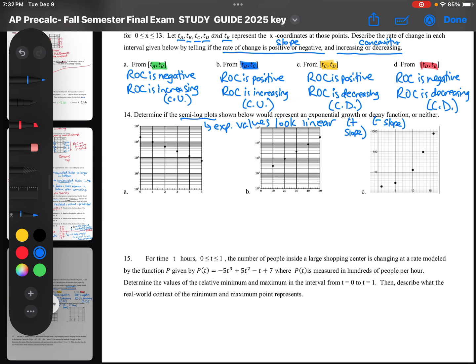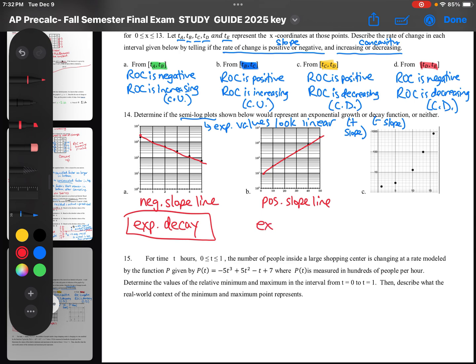Okay? All right, so on example A, we have a semi-log plot, and if I could draw straight, it looks like a negative slope line. So that means that it is exponential decay. On the next one, I can see a line with a positive slope.